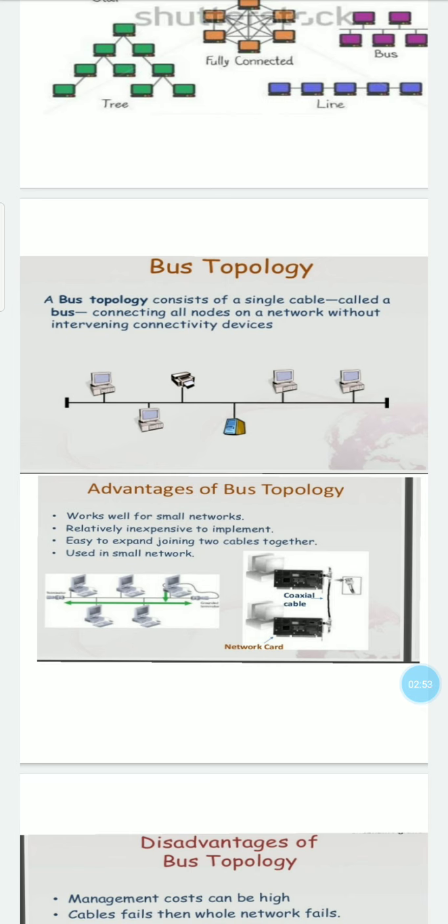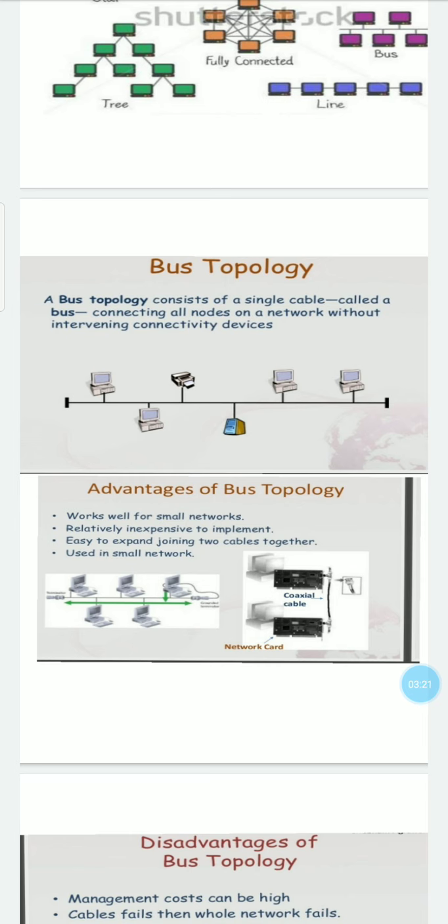When a node wants to send a message over the network, it puts a message over the network. All the stations or computers available in the network will receive the message, whether it has been addressed or not. Now, what are the advantages of bus topology?